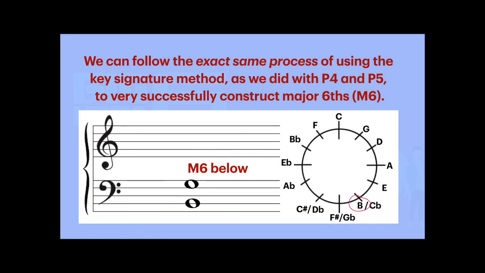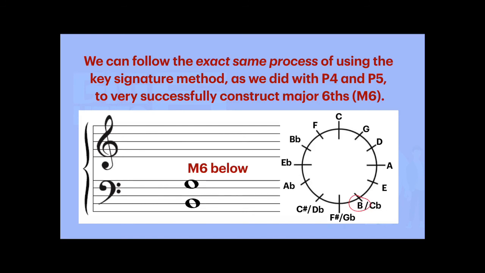If we check our circle of fifths, B major has 5 sharps: F, C, G, D, and A. G is on that list, so we would need a G sharp if we were finding a major sixth above B.